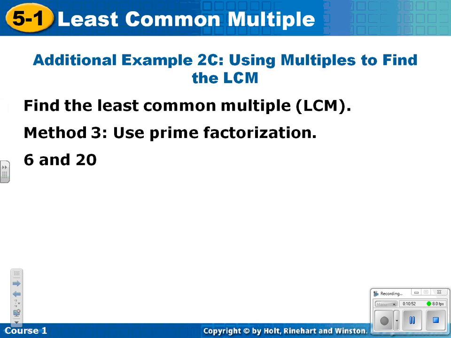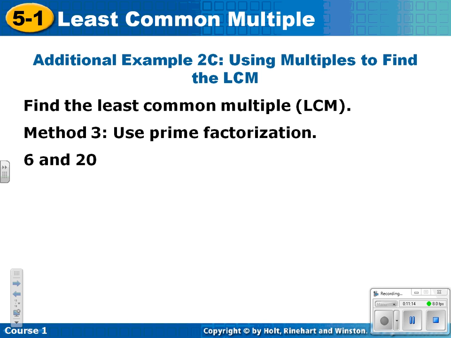Now, a lot of you can look at these and probably figure them out off the top of your head. But what if I give you numbers like 134 and 76? There's no way you're going to be able to do least common multiple with a couple of big numbers. Use prime factorization. It works the best.